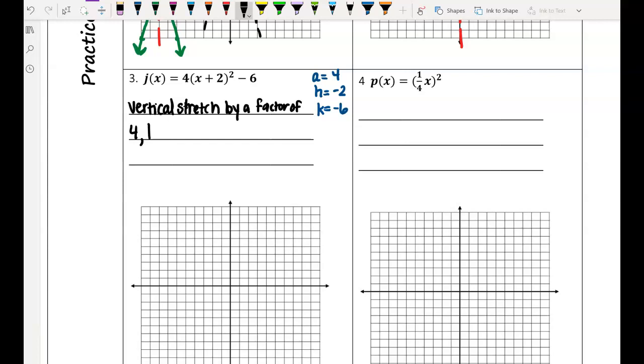Say horizontal shift. Two units left. And then I have a vertical shift.